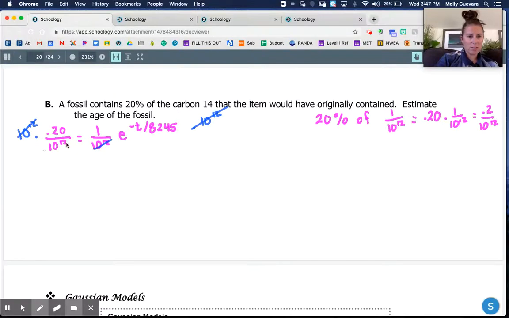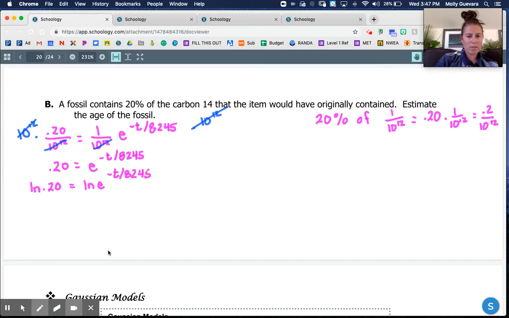So that's exciting. And I get 0.20 equals e to the negative t over 8,245. I'm going to take the natural log of both sides. Hopefully we're getting to the point where you can start skipping some of these steps that I'm writing because you just know what's going to happen.